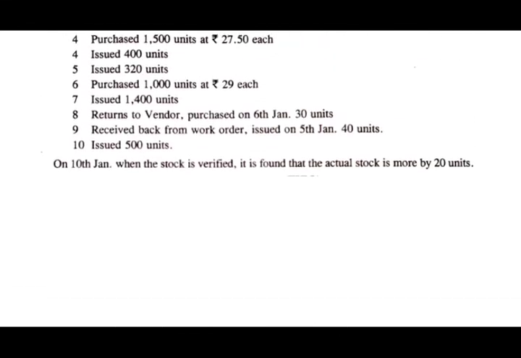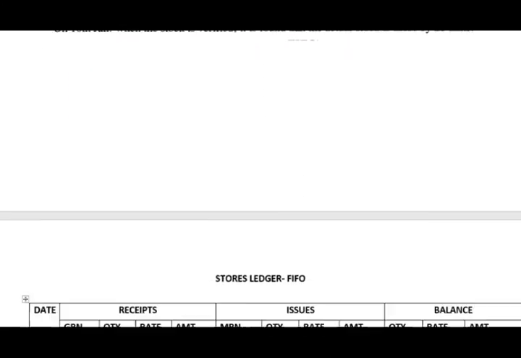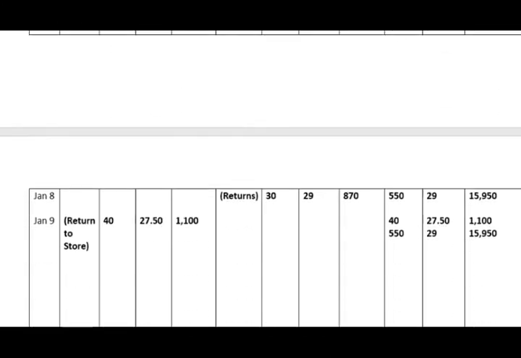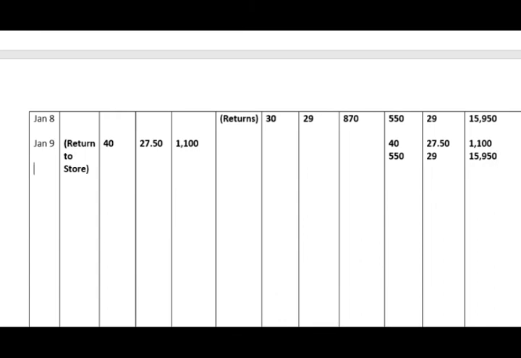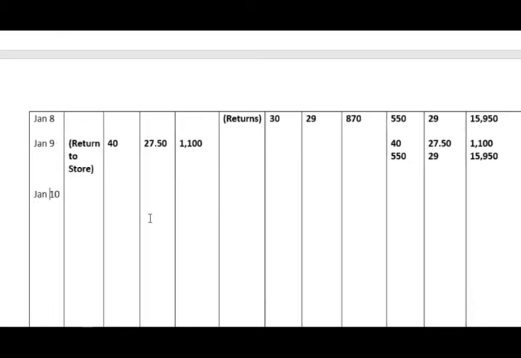Next, on 10th Jan, we have issued 500 units. As you can see, in the last transaction, we have written it first. Why? Whenever the next issue happens, we have to actually take off all the stock from that. If it is LIFO, we would have written it at the end, that is below 550.